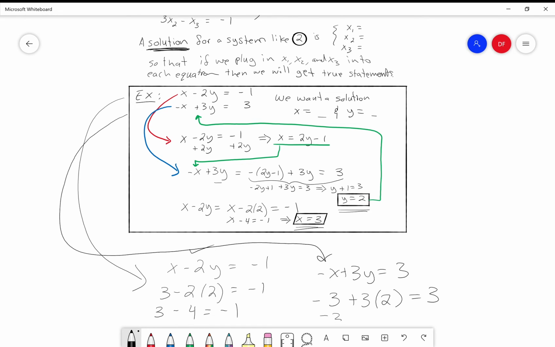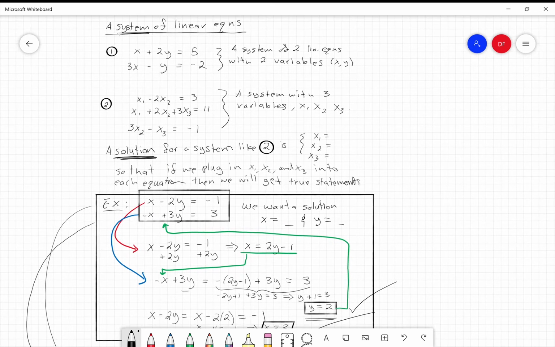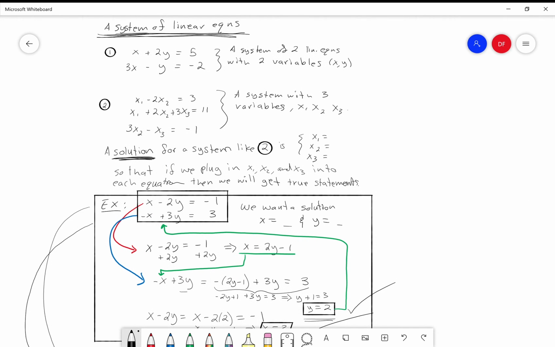I have negative 3 plus 6 equals 3. That's true. So yes, y equals 2 and x equals 3 is a solution for both of these equations. And that's what it means for a system of linear equations to have a solution.